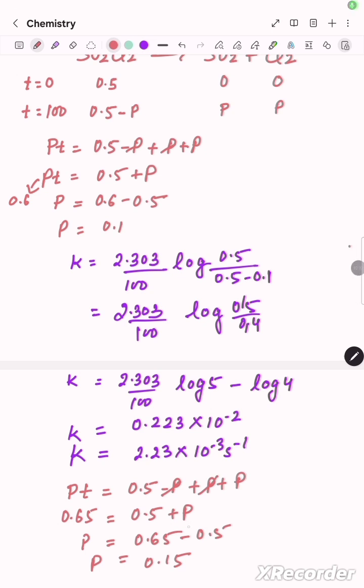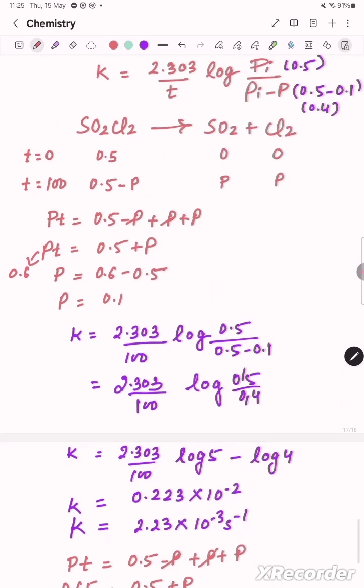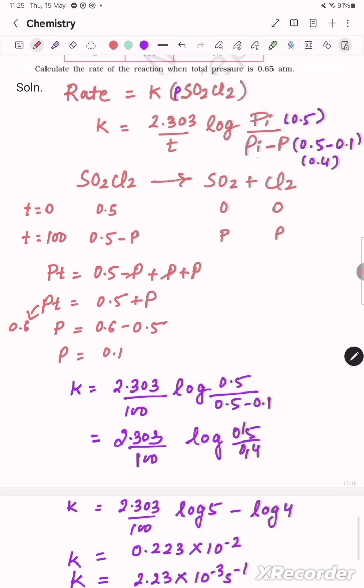So from this P we calculate the pressure. Now P is calculated, so we put the value in this equation when total pressure is 0.65.